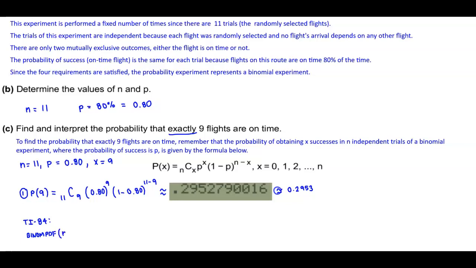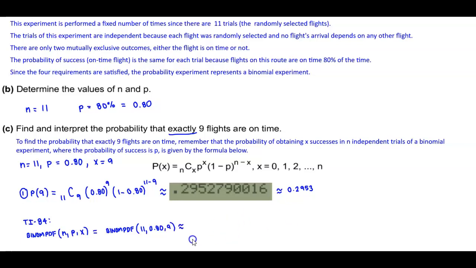So we have our number of trials, we have our probability, and then we have X. So in this example, we have Binomialcdf. We know that the number of trials is 11. We also know that the probability is 0.80, and we know we have exactly 9.